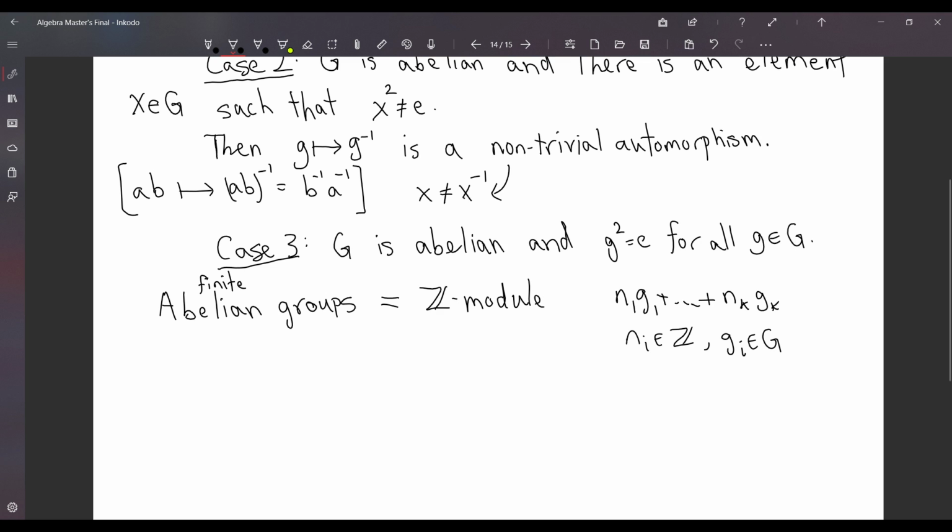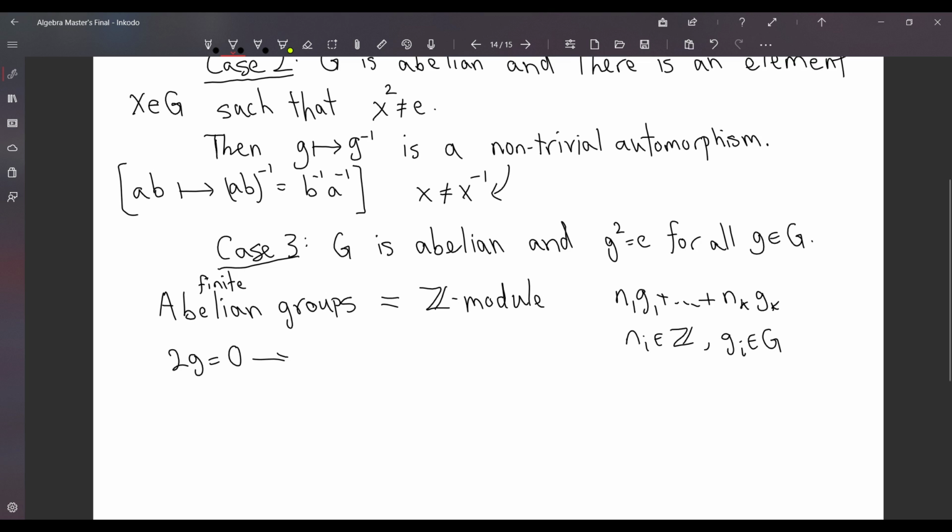If every group element satisfies g squared equals e, and we're writing it additively, that means that 2g equals 0. Because in additive notation, e equals 0, and exponents become multiplication by integers.